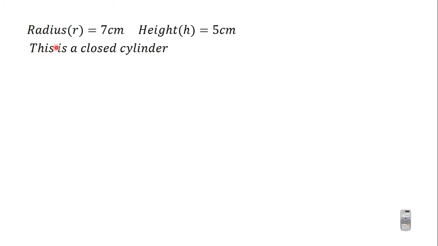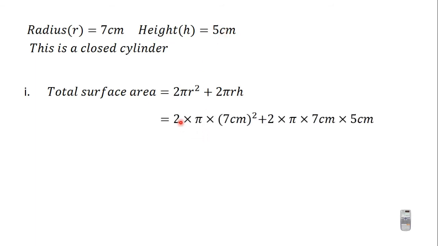So we are talking about a closed cylinder, and the radius is 7 centimeters and the height is 5 centimeters. The total surface area of a closed cylinder is given by 2 pi r squared plus 2 pi rh, where r is the radius, in this case 7 centimeters, and h is the height, in this case 5 centimeters.